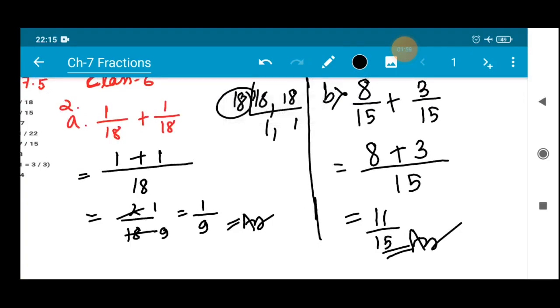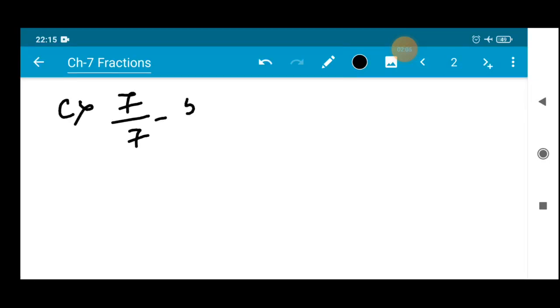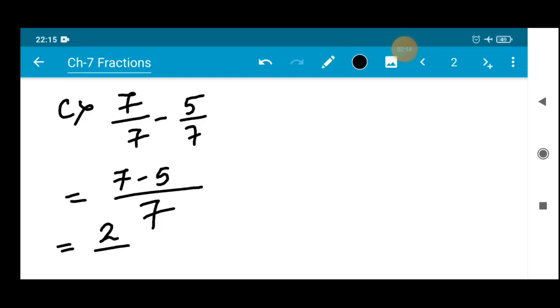Let us now solve question number C. Question C is 7 divided by 7 minus 5 divided by 7. We have the same denominator, so write one denominator, that is 7, and the numerator 7 minus 5, which is 2 divided by 7 as the answer.